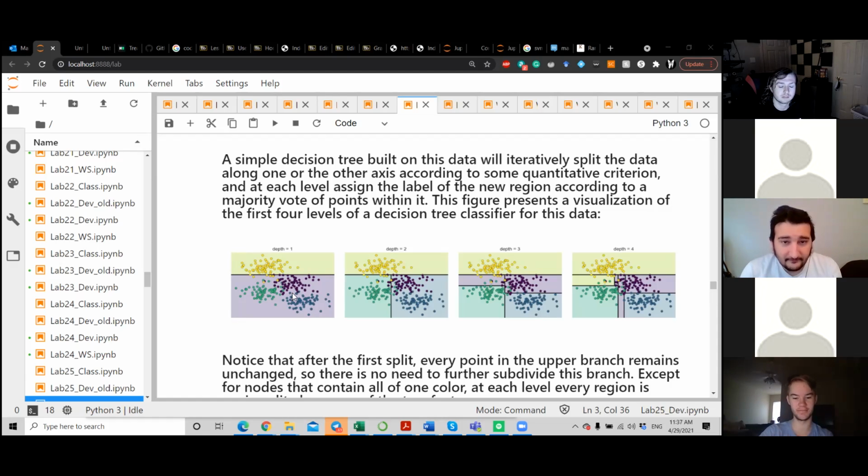Would you say that with this split, I'm capturing one of my groups pretty well? Okay, so I'm going to keep that. And in my next step, where I have to start splitting on the other axis, I will not cut this area anymore because all I have in it is one color.